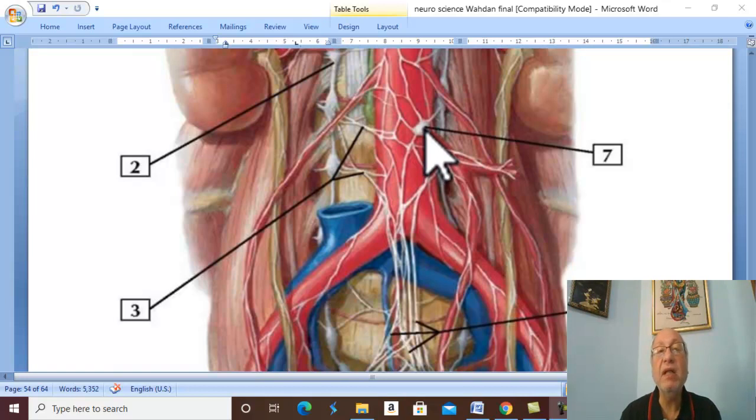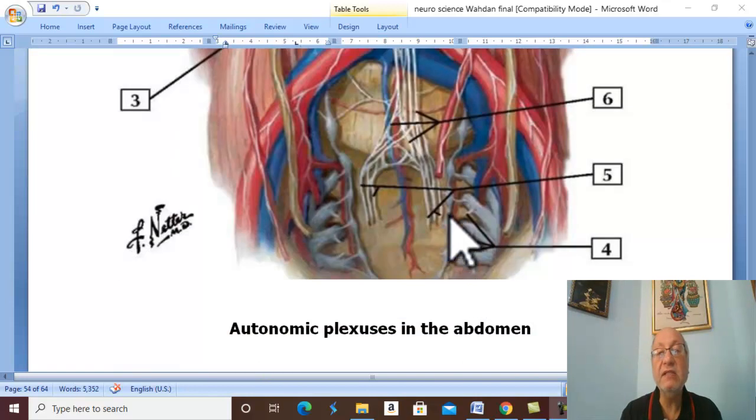These fibers actually supply the hindgut and the ureter. These are ascending fibers. Plus, the pelvic splanchnic nerves enter in the formation of hypogastric plexuses, which supply the pelvic organs and the genital organs.